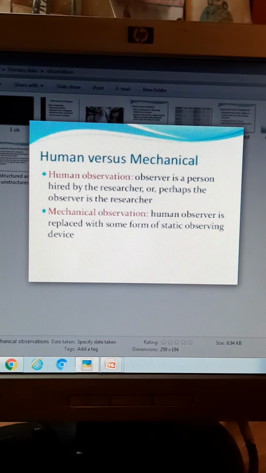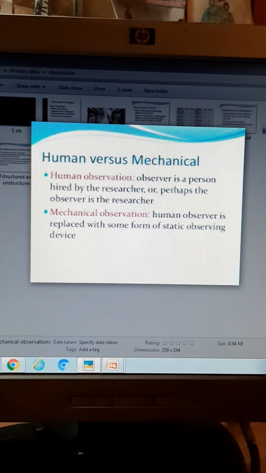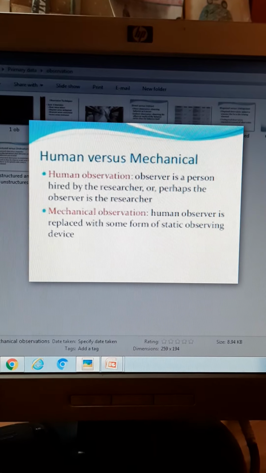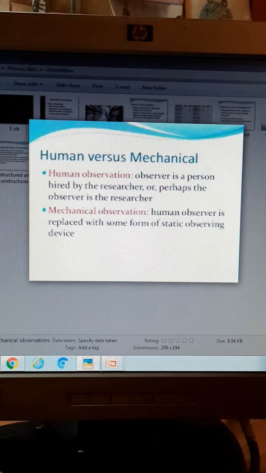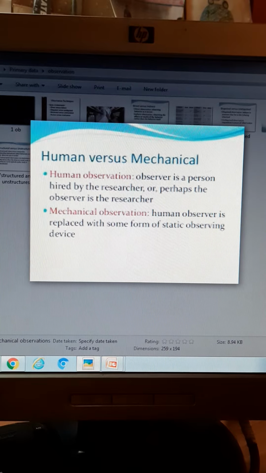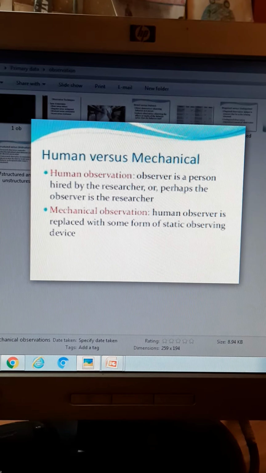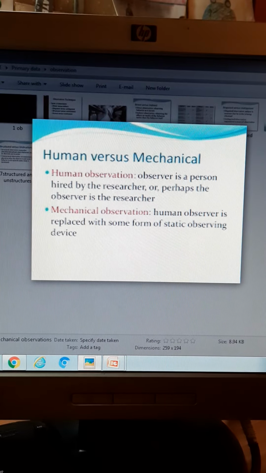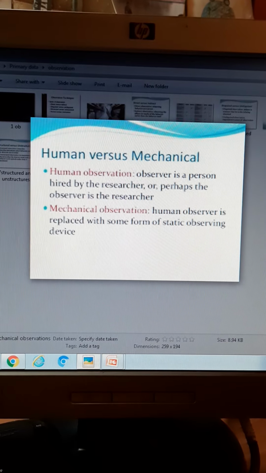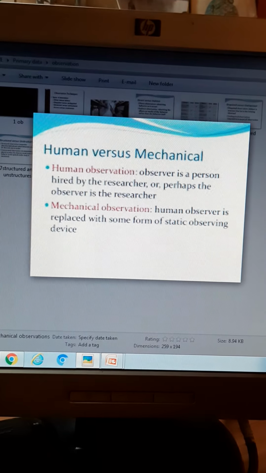Ethnographic studies, for example, are normally human observation studies. If you want to study the tribal people of Andaman Nicobar, the only way is human observation. Researchers will go and observe them, right? Mechanical observation is replaced by some sort of static observing device.